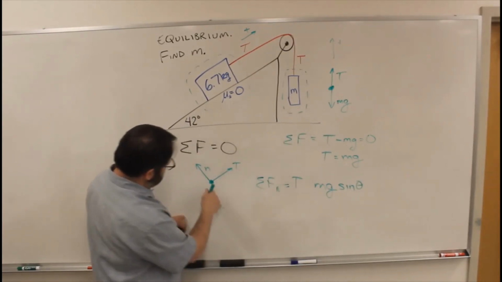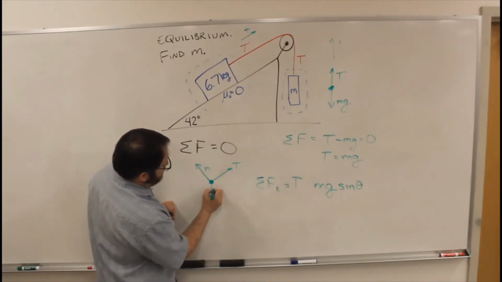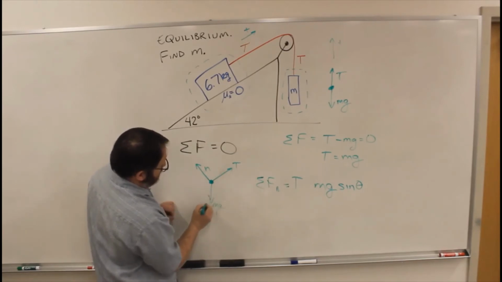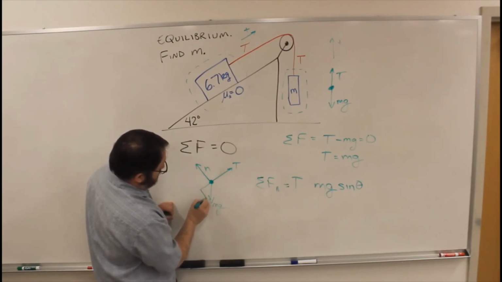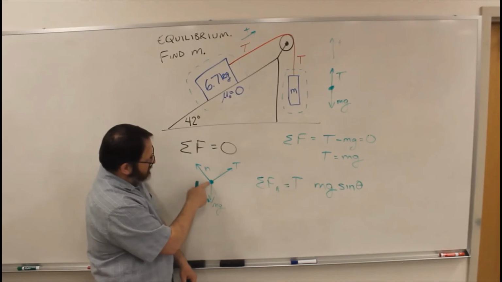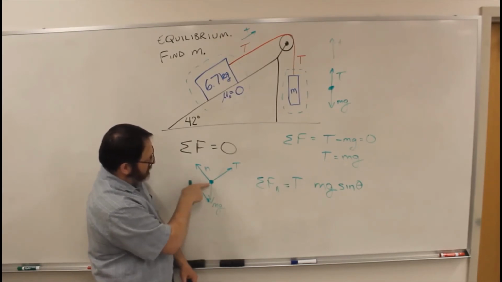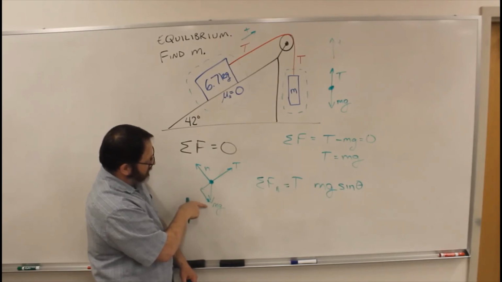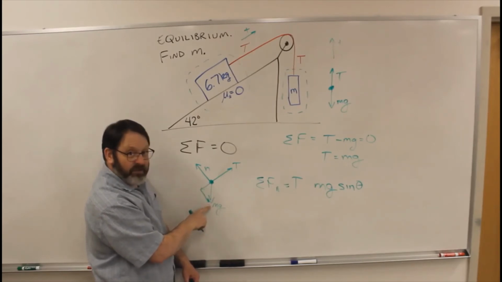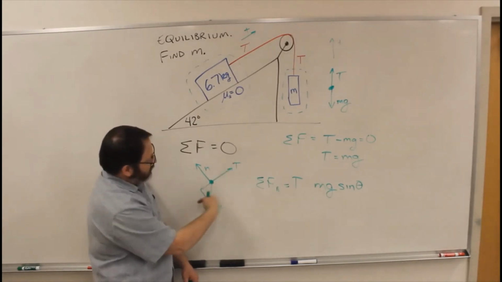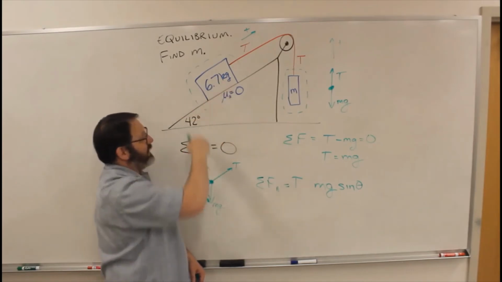And this mg is made up of one pointing part this way in the parallel direction and this way in the perpendicular. So the part of mg that's parallel is pointed down this way, so negative.